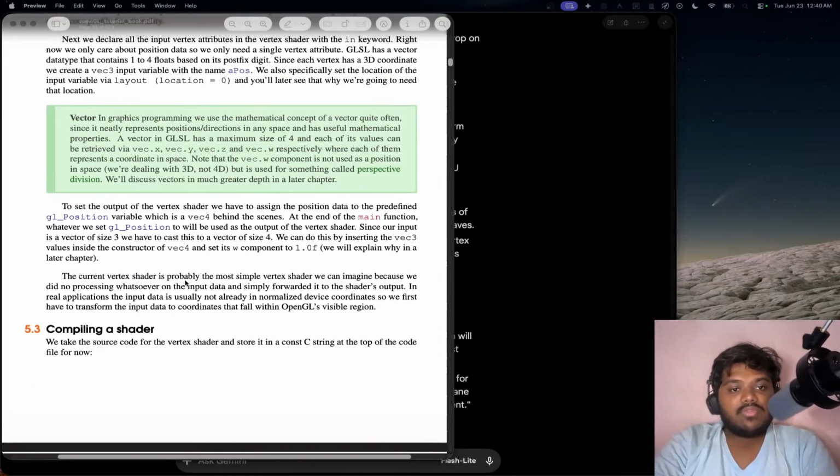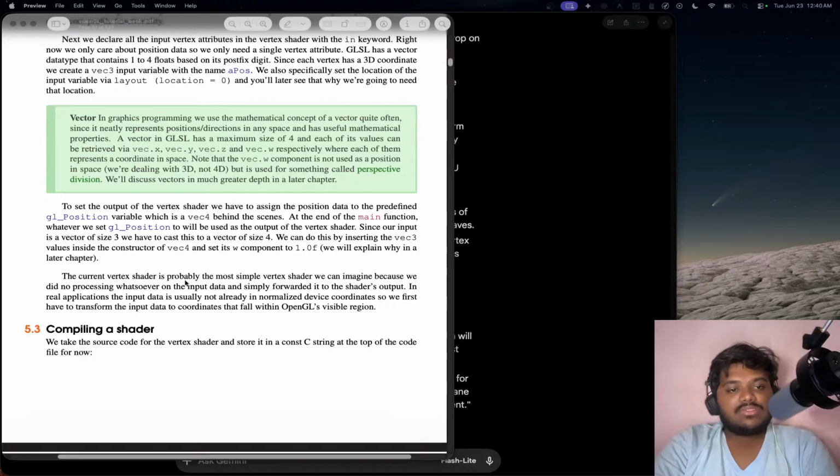To set the output of the vertex shader, we have to assign the position data to the predefined gl_Position variable, which is a vec4 behind the scenes, at the end of the main function. Whatever we set gl_Position to will be used as the output of the vertex shader.